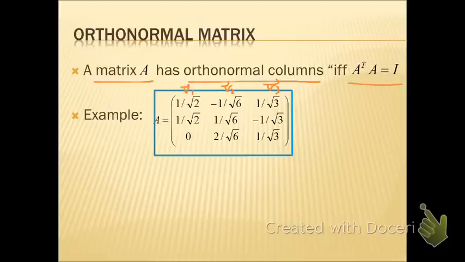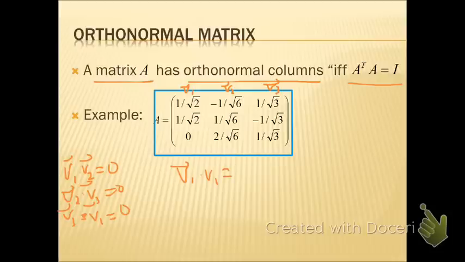So we would have to do the inner product of V1 with V2 and make sure it equals 0, and then V2 with V3 and make sure it equals 0, and then V3 with V1 and make sure it is equal to 0. But we also have to consider that for it to be orthonormal it has length 1. So we would have to do the inner product of V1 and V1, and let's just see what happens.